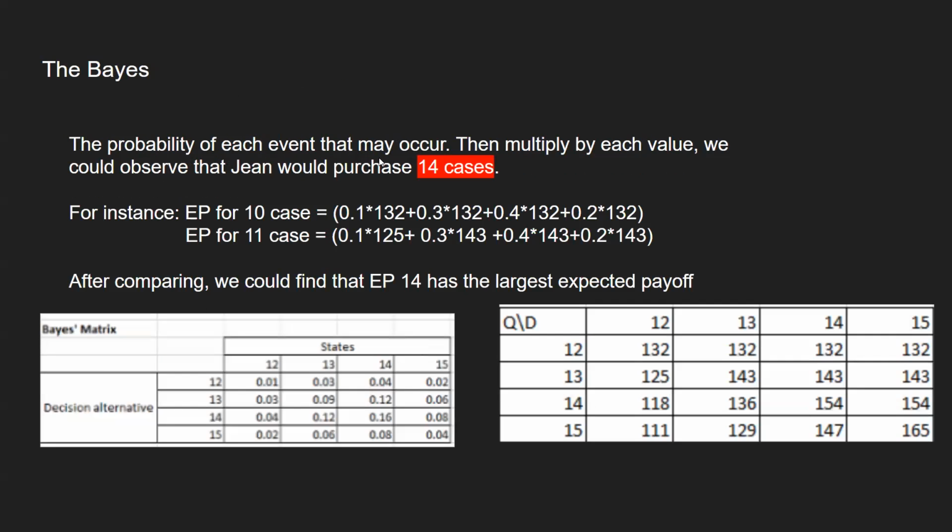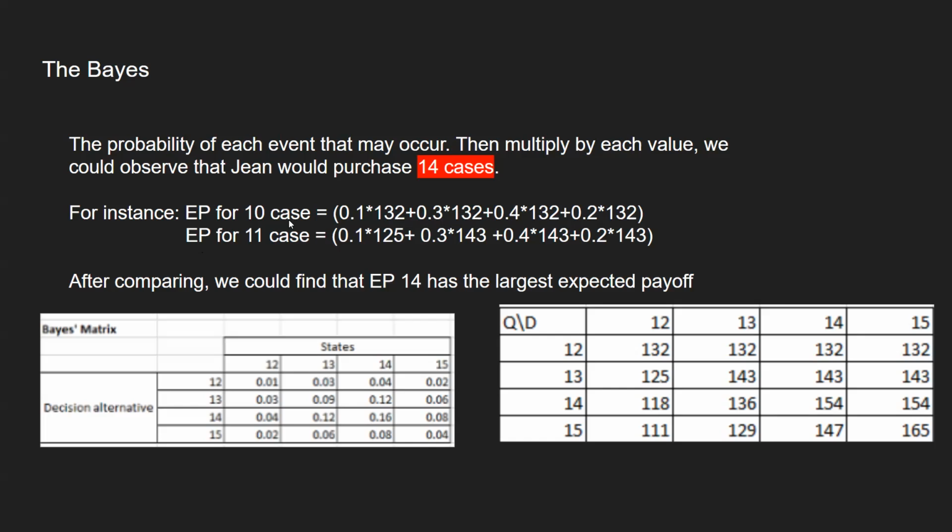And for Bayes' rule, we take the probability of each event that may occur, then multiply by each value. We could observe that Jean will purchase 14 cases. For instance, to calculate the expected payoff for 12 cases, we use 0.1 multiplied by 132 plus 0.3 multiplied by 132 plus 0.4 multiplied by 132 plus 0.2 multiplied by 132.